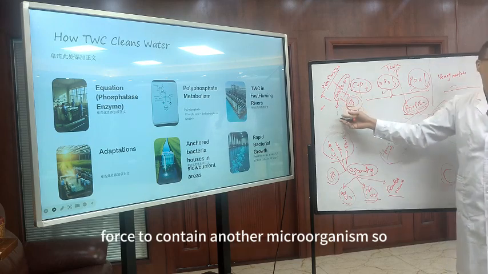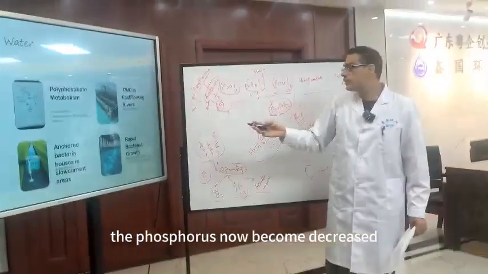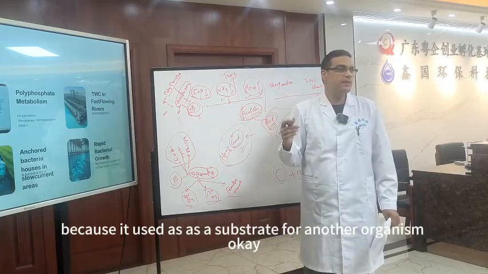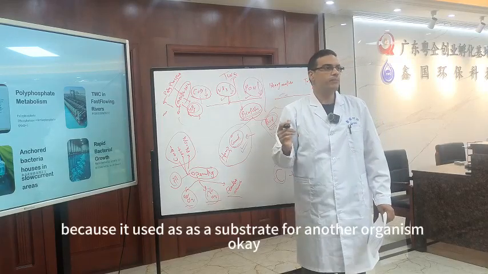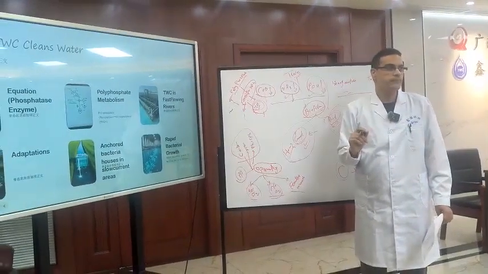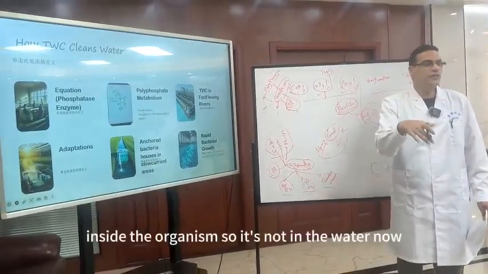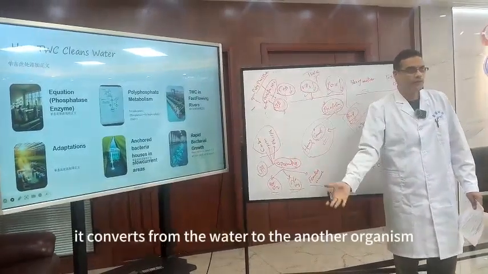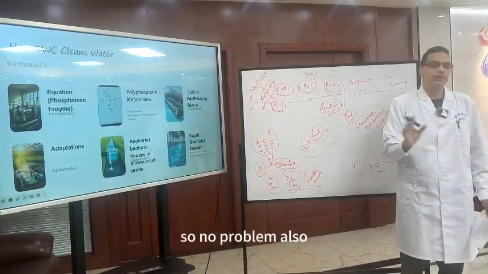So the phosphorus in the water decreases because it is used as a substrate for another organism. But the phosphorus still stays inside the organism, so it is not in the water.